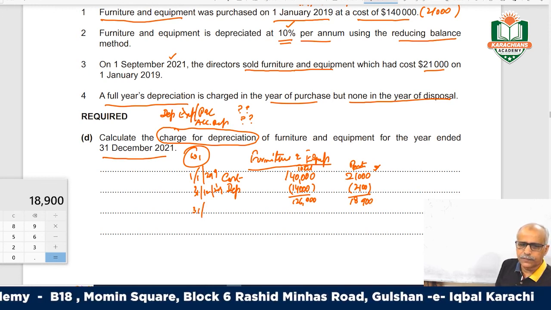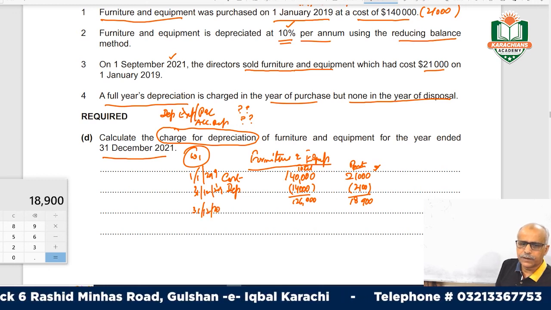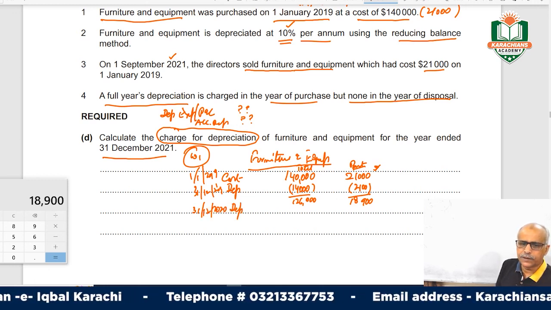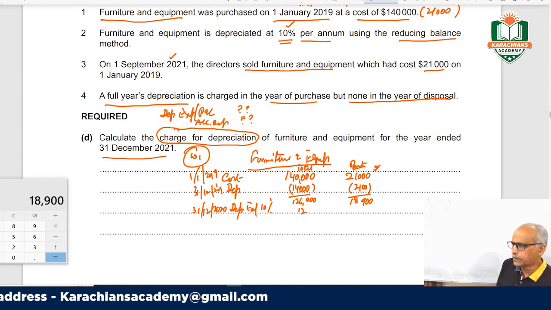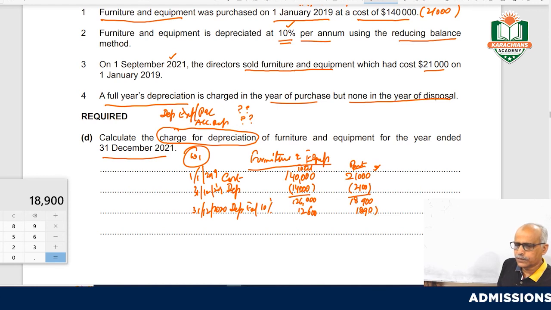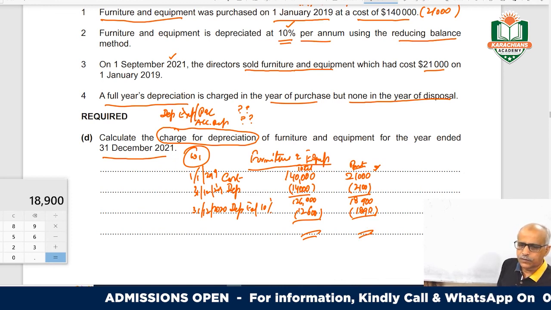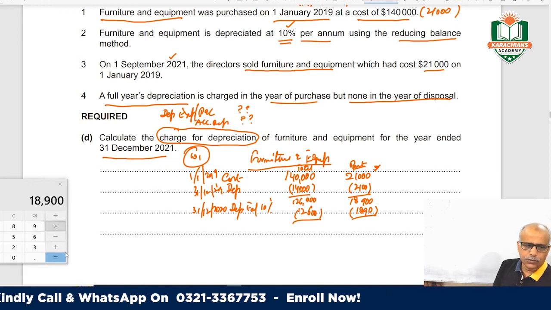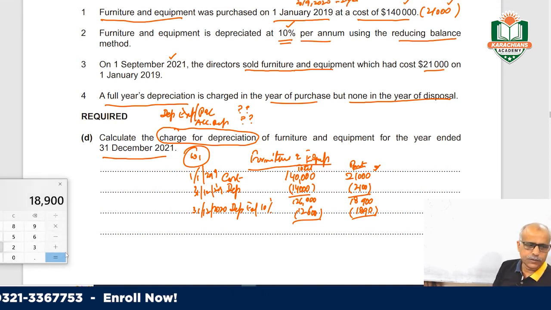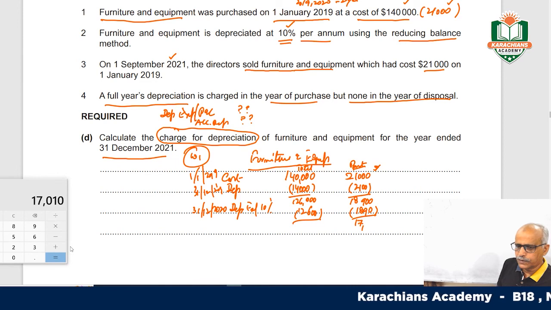Then again on 31st of December 2020, you will charge depreciation expense of 10%. So this will be 12,600, and this will be 1,890. So 18,900 minus 1,890, its value will be 17,010.